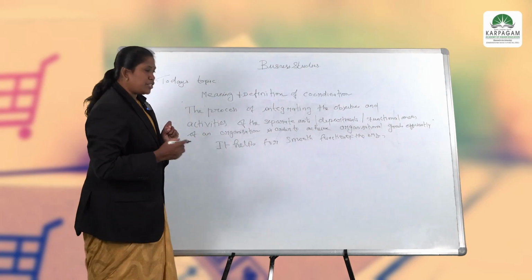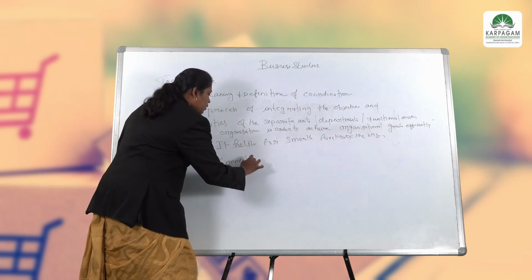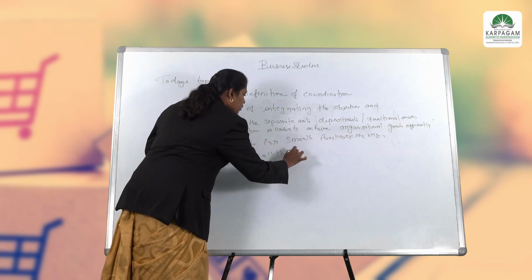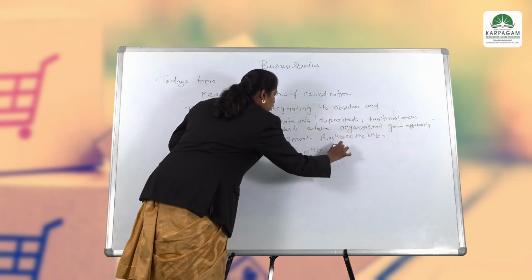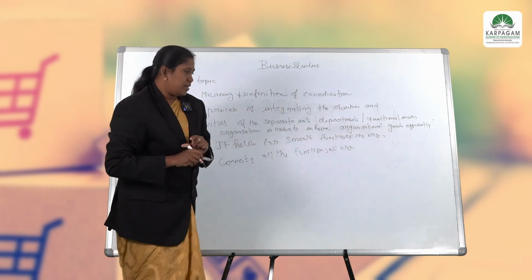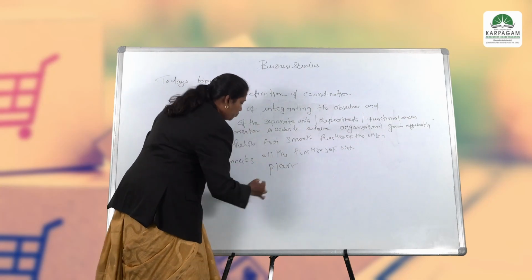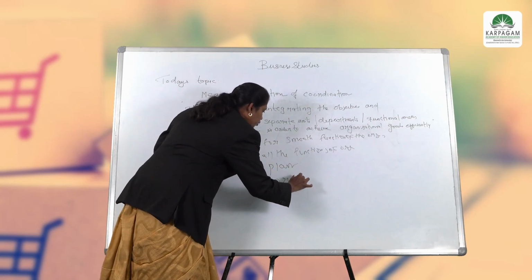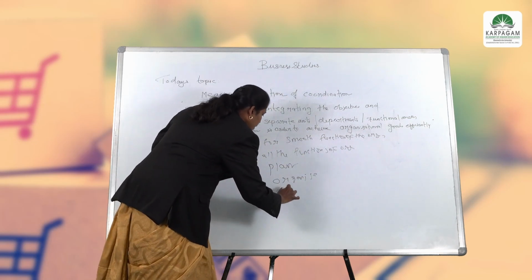Actually, coordination connects all the functions of the organization. What are all the functions of the organization? We have to plan, we have to organize the resources. The third one is staffing.